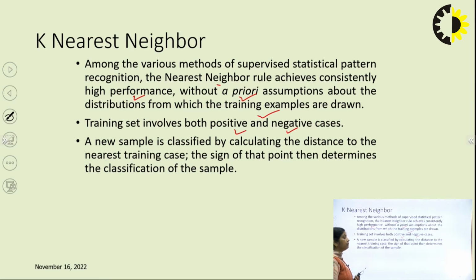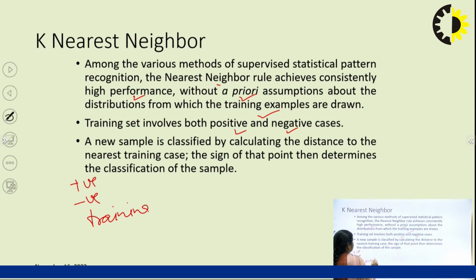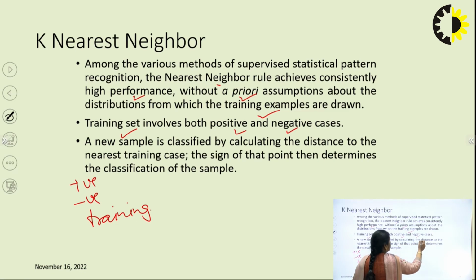What does it mean? Let me consider two classes, one as the positive class and one as the negative class. So the training set will consider both negative and positive class cases. Now a new sample is classified based on these data samples, which is our training set. So if we are given a new sample, it is classified by calculating the distance to the nearest training case.